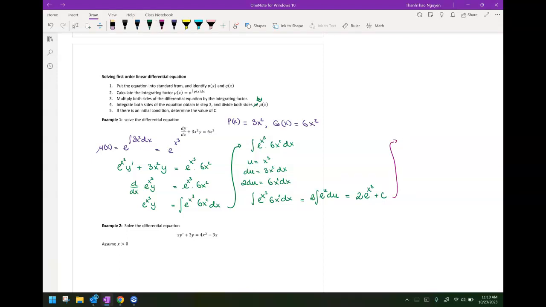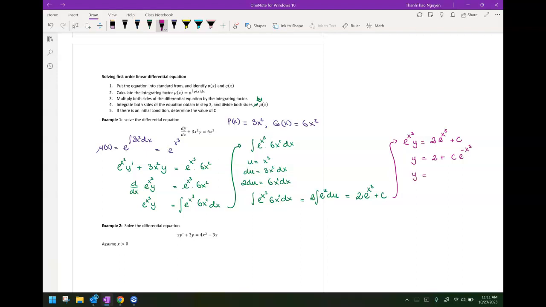So e to the x to the third times y equals 2e to the x to the third plus c. Divide both sides by e to the x to the third, and y equals 2 plus c times e to the negative x to the third, and I will call that c2.